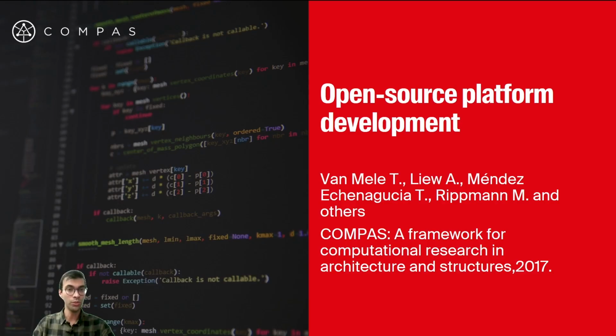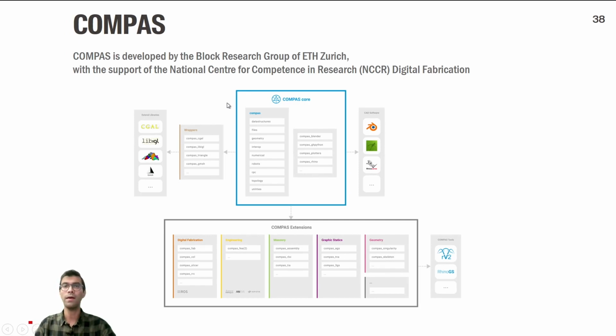So in order to simulate our structural system, today we use an open source computational platform for research and collaboration in engineering, architecture, and construction, which is referred to as COMPAS. COMPAS is an open source framework originally developed at the Block Research Group at the National Center of Competence in Research, NCCR Digital Fabrication.